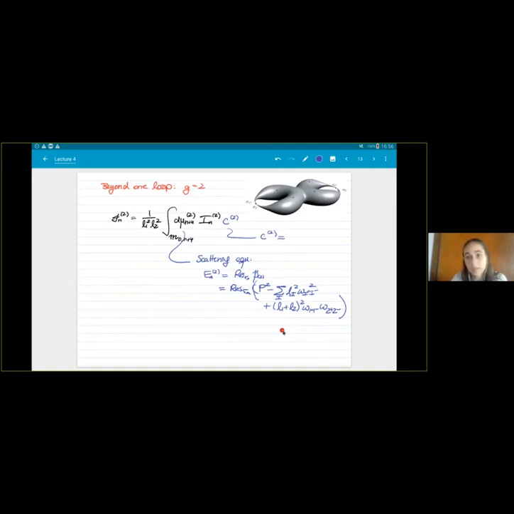So it's clear that you can't write something like this at one loop, for example, but these objects will play an important role from 2 loops onwards. Plus over sigma 1 plus 2 plus sigma 1 minus 2 minus. Sorry. Sigma 1 plus 1 minus sigma 2 plus 2 minus.